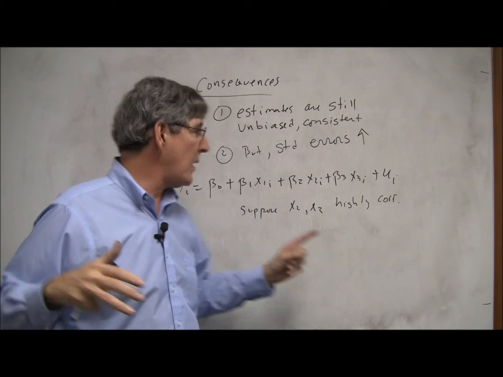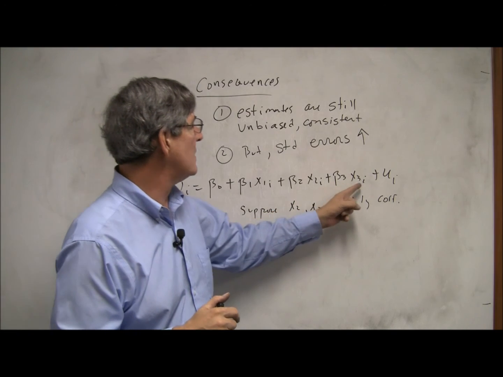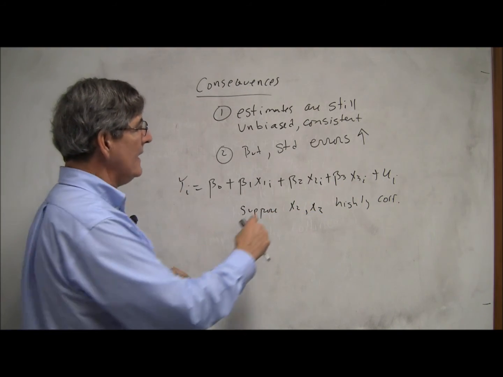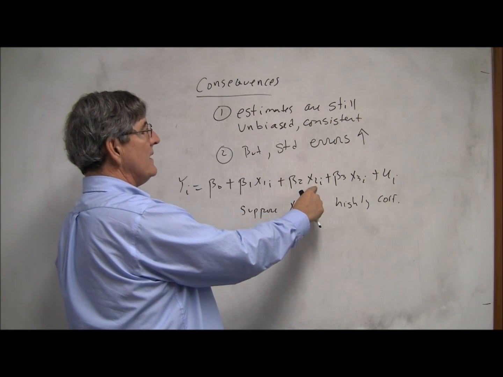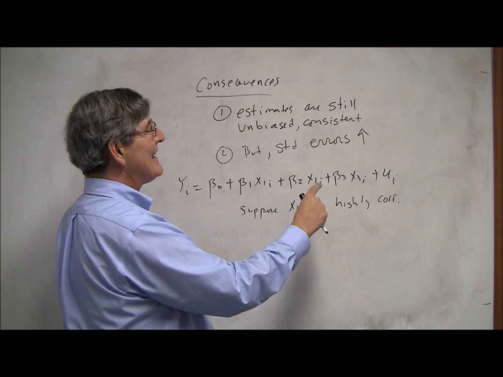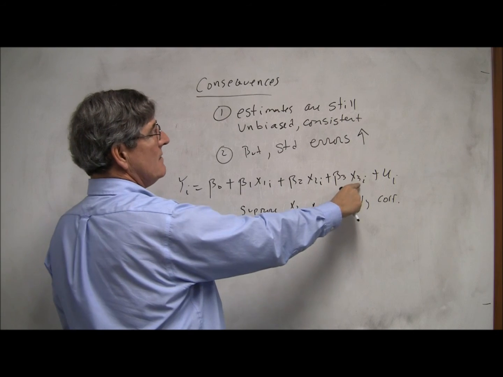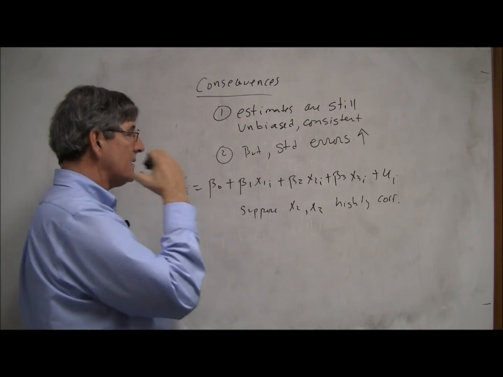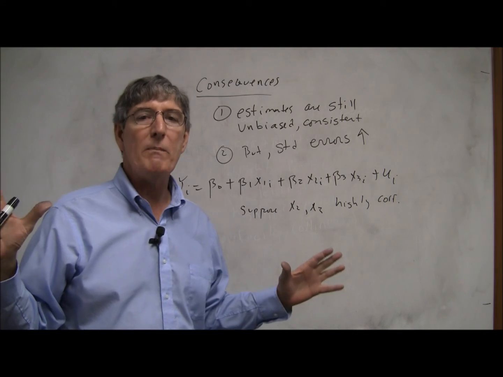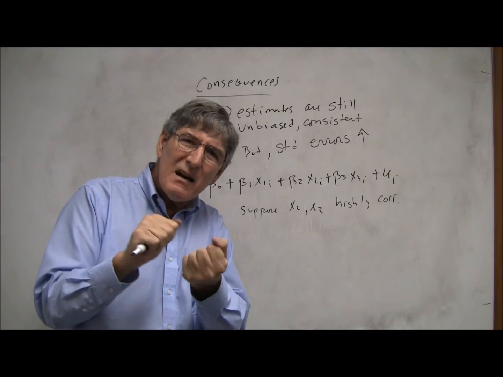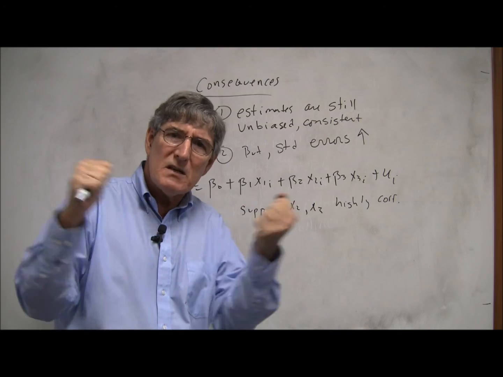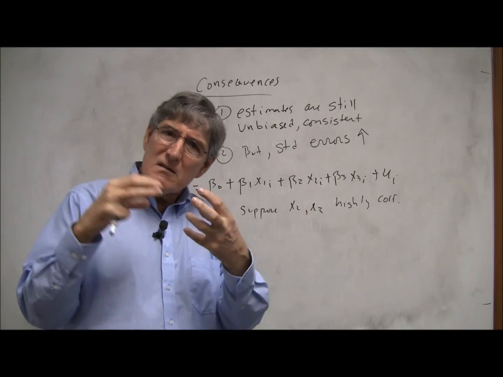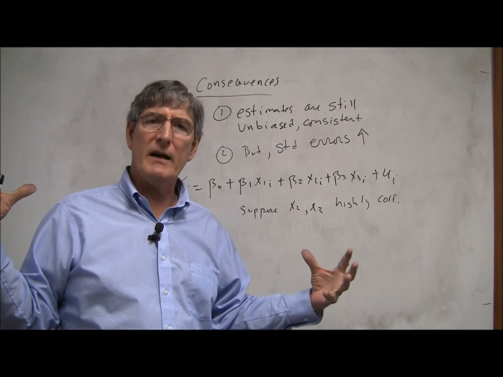It's not sure whether the movement in y is due to x2 or x3. Occasionally, because they're not perfectly correlated, it can find an x2 that moves by itself, and occasionally an x3 that moves along with that x2, and use those to get some idea of what the coefficients are. So it doesn't blow up entirely, but it only has a couple of those observations because they rarely move independently, and so it's very uncertain.